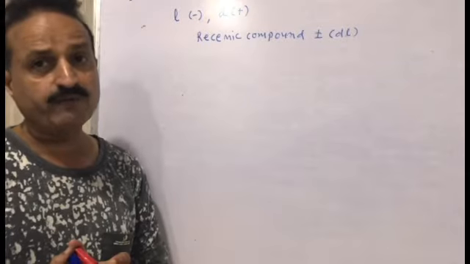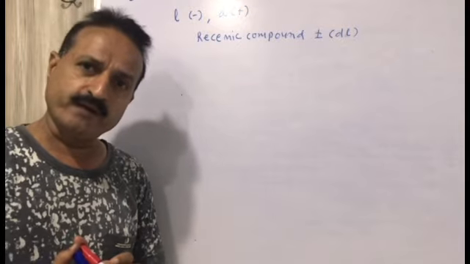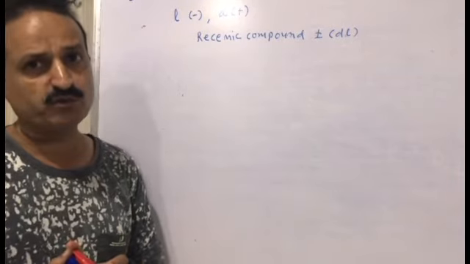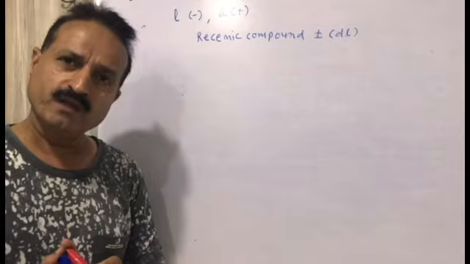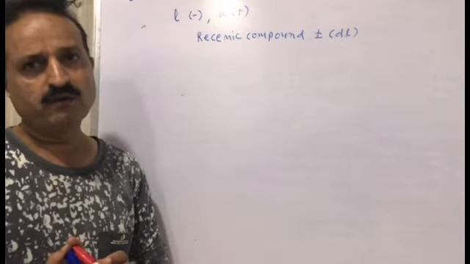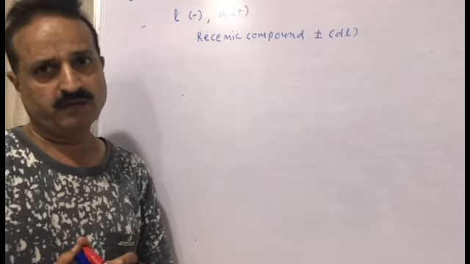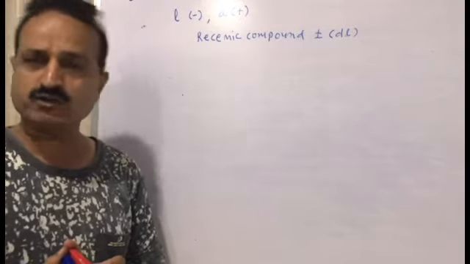The chirality property is obtained if plane polarized light rotates left, then it is levo, small l, and if it rotates right, then it is dextro.